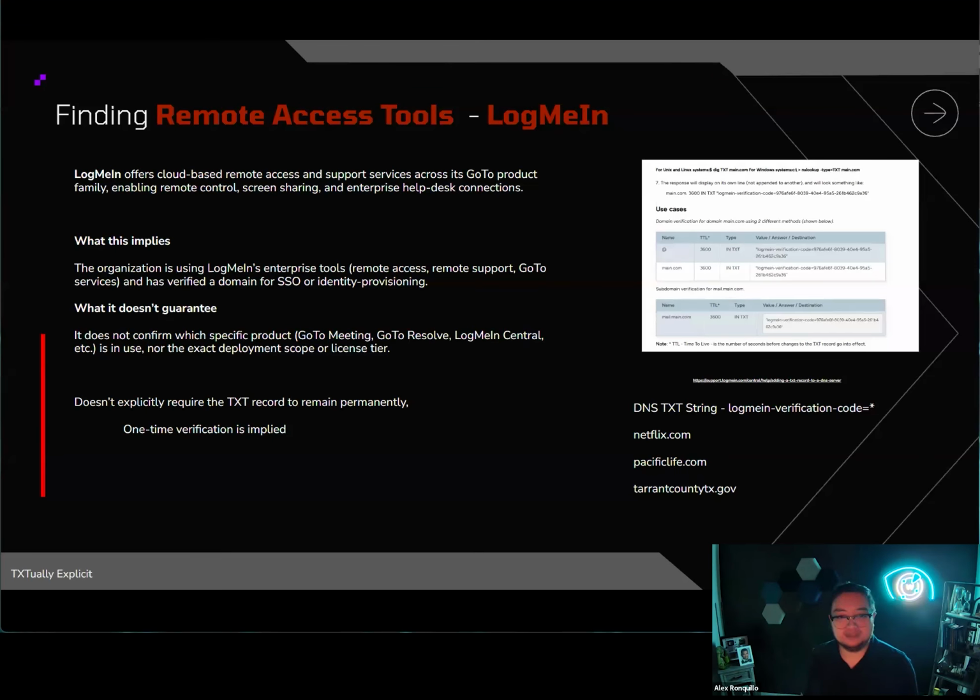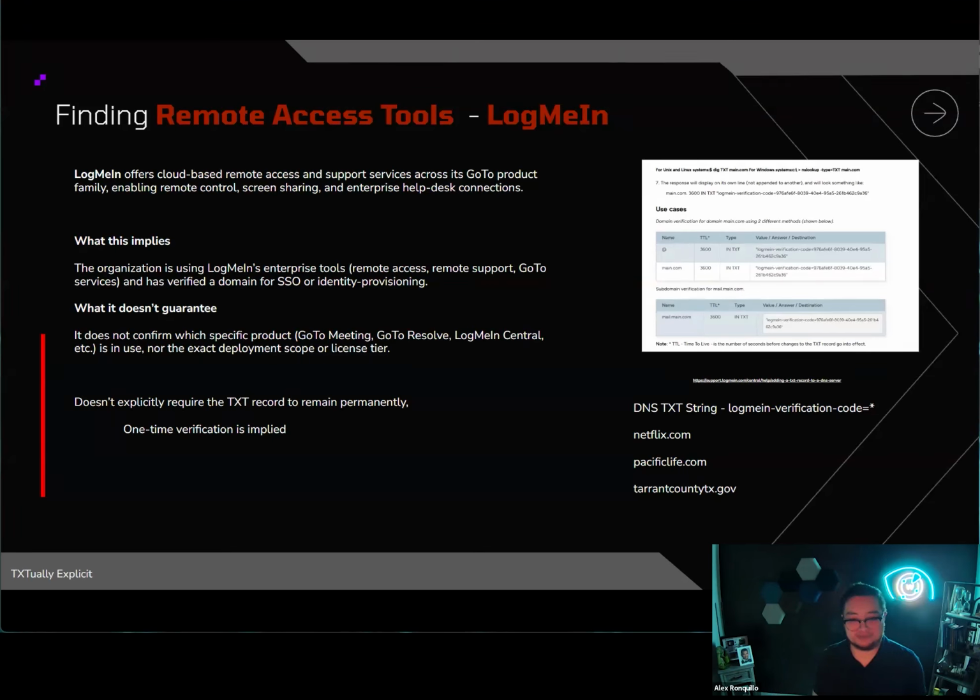Again, in the realm of software dependencies, finding remote access tools and the people who use them may not even be within everyone's risk tolerance necessarily. But you can see some interesting examples here: Netflix, Pacific Life, even a Texas government website, all with LogMeIn verified.